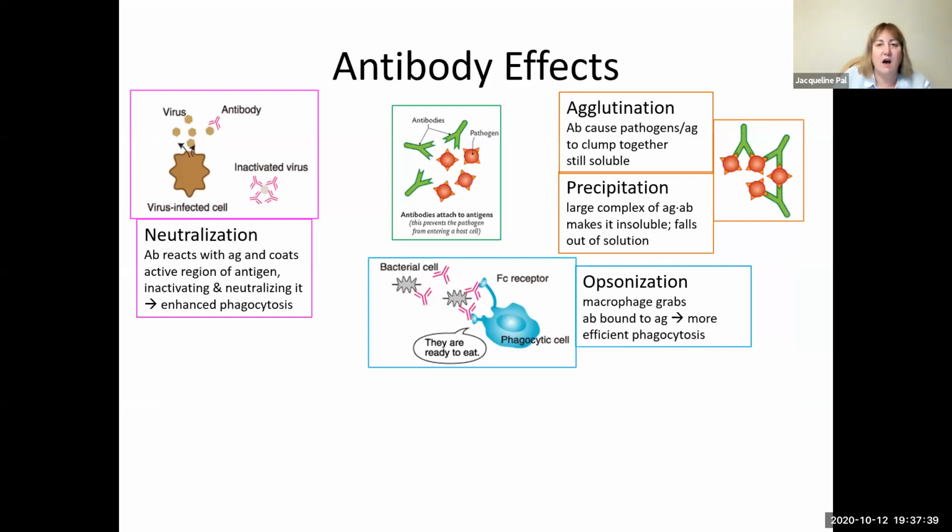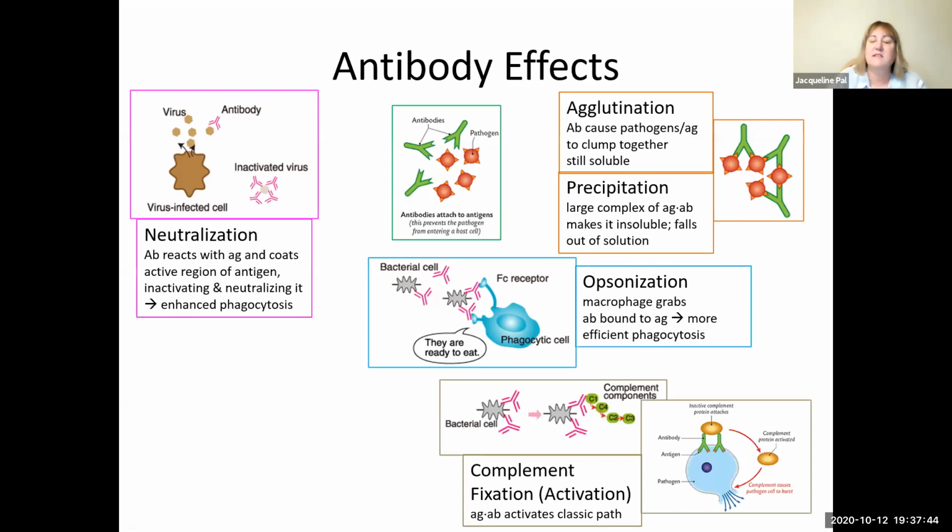Now, continuing on after those four specific effects, the next effect is called complement fixation, sometimes called complement activation, but complement fixation is the real term for it. But basically what's happening here is it's activating complement through the classic pathway. So what happens is we have the antibody attached to the antigen, and that activates complement.